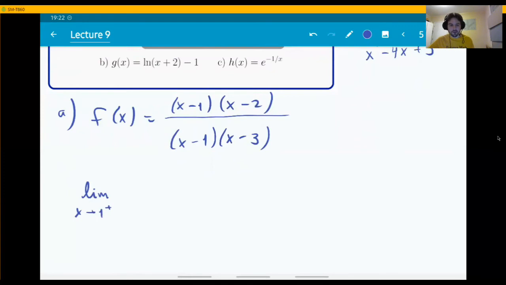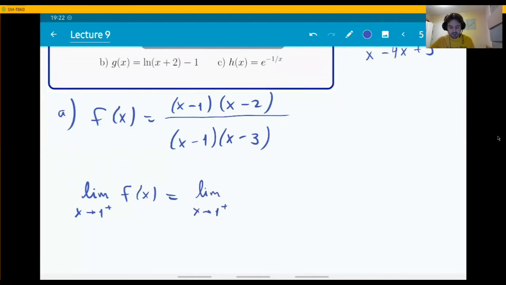What happens if you go, for example, towards 1? Let's say from the right side. You should check both sides, because as long as you have an infinite limit in at least one of them, then you know there is an asymptote. But what happens here? If you are calculating a limit, then you're going towards 1, but you are not at the number 1.